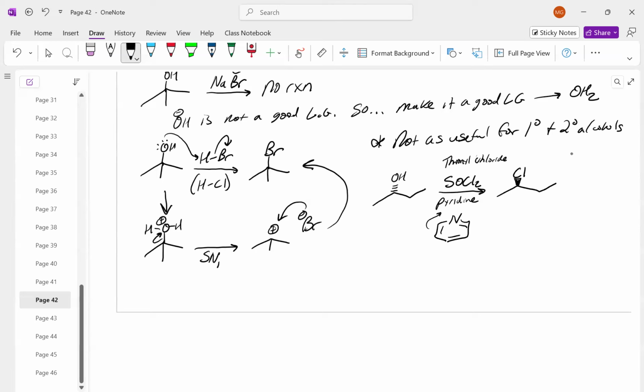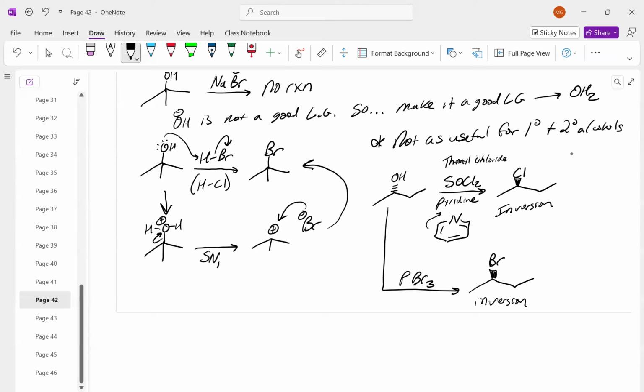And if the alcohol started off on a chiral center, this does result in an inversion of configuration. Now, if I wanted to replace this with a bromine, I would use PBr3. And again, that results in an inversion of configuration.